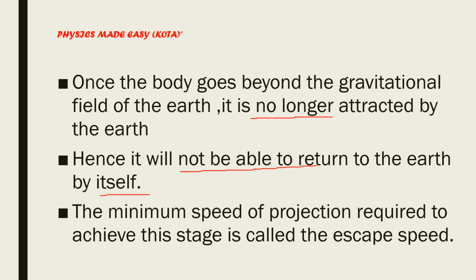So the minimum speed of projection required to achieve this stage, so that the body will not be able to return to the earth by itself, is called the escape speed.